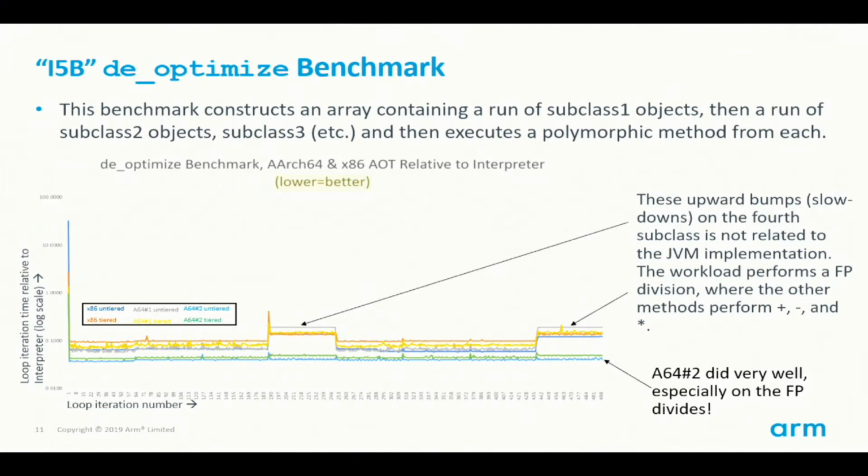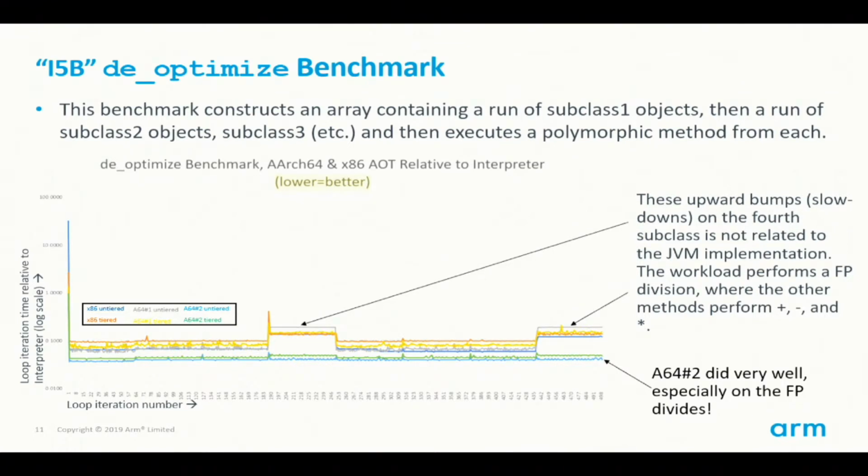second class method. And now what's going on with this big bump here on the subclass 4 is that the main difference between the 4 different subclasses' implementations of that method is a floating point operation: floating point add, subtract, multiply, and then divide.